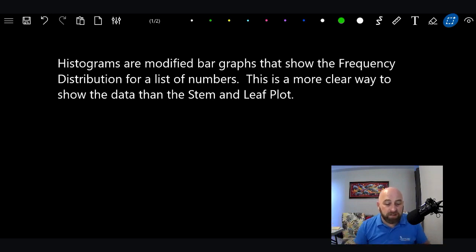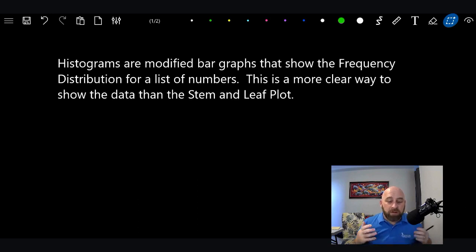It says there that this is a more clear way to show the data than the stem and leaf. The stem and leaf is always limited on what it shows. It's just focused on the data, just focused on the numbers. This is more focused on the visual effect of creating something that somebody can see. This also can incorporate more.